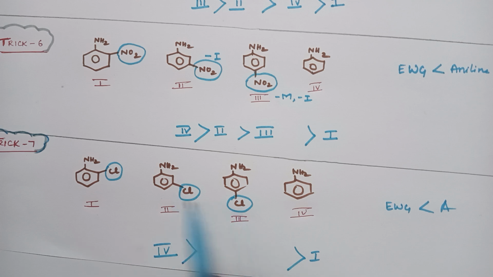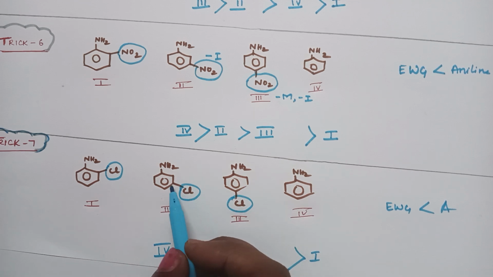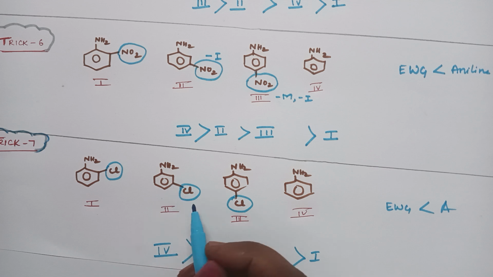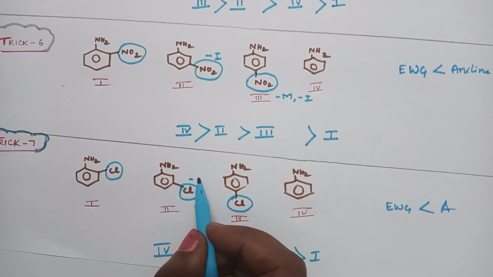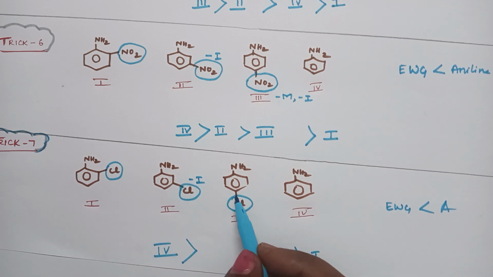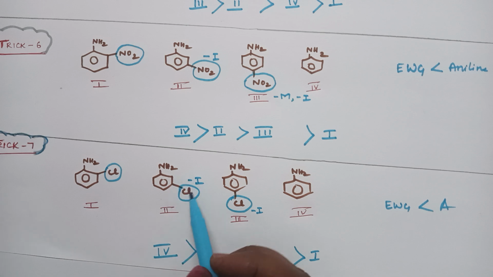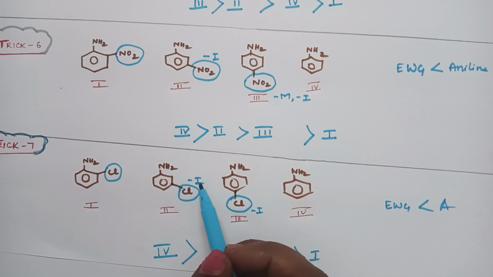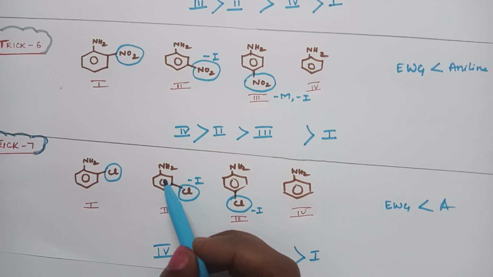So now we will compare these two. The chloro group at the meta position will show a minus I effect, whereas here at the para position it will also show a minus I effect. Here the chloro group is present at the meta position and here it is present at the para position. The minus I effect depends on distance. The closer the distance, the more effect it shows.